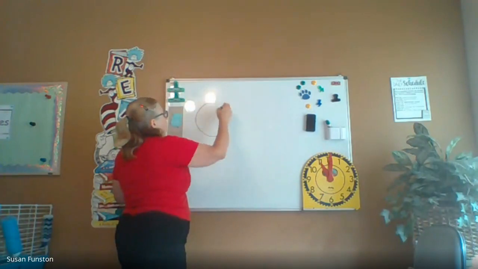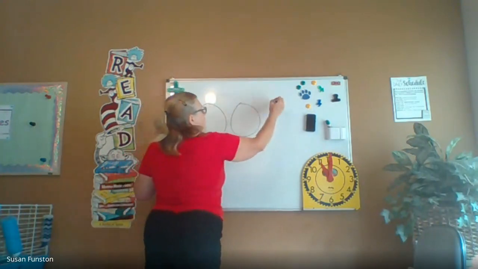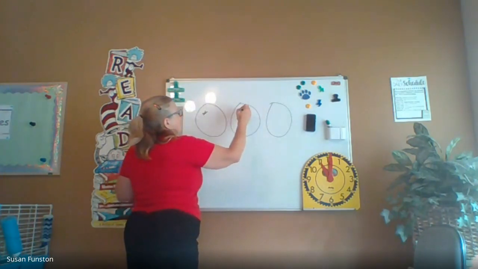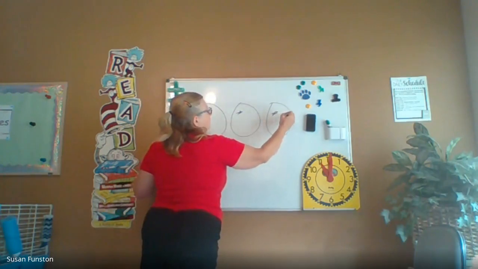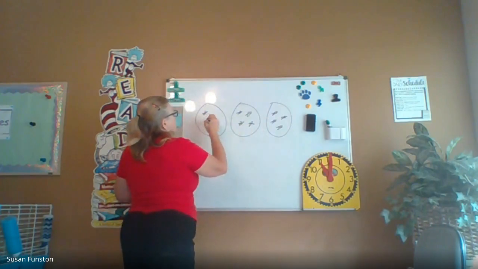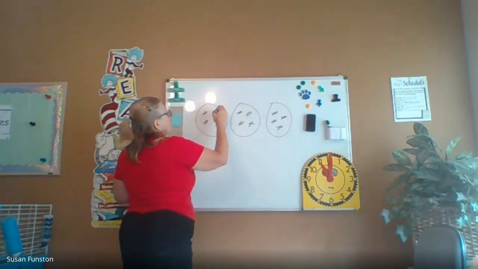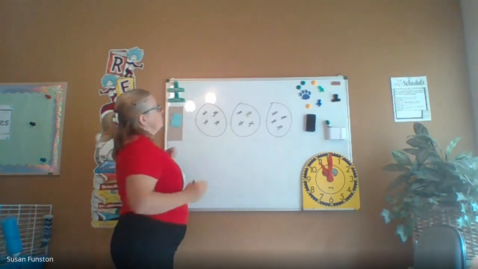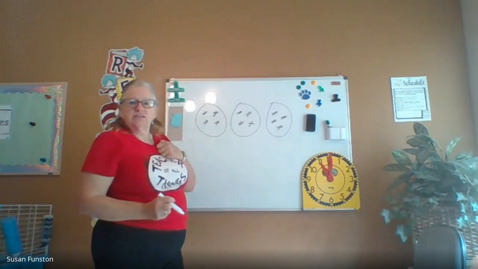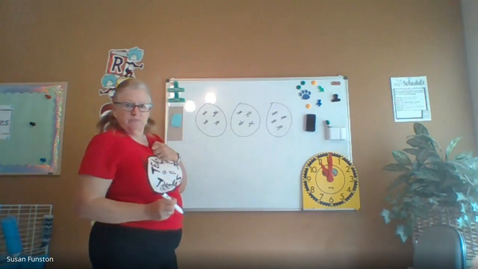Okay, so here's 1 group, 2 groups, 3 groups. Stars are getting worse and worse. Okay, so she has 3 groups of star stickers. How many are in each group? That's right, 4.